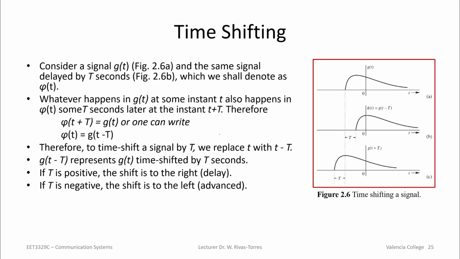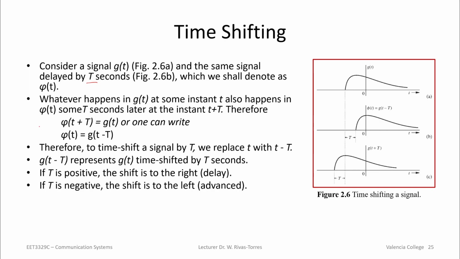So let's consider a signal like in this figure, 2.6 from our textbook. And let's say I want to delay the signal by T seconds, right? I want to just delay the signal. How do I represent that in mathematical form? How do I represent my signal so I can do operations on it, for example?